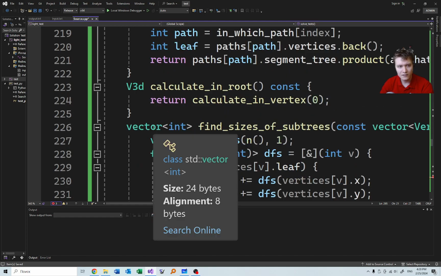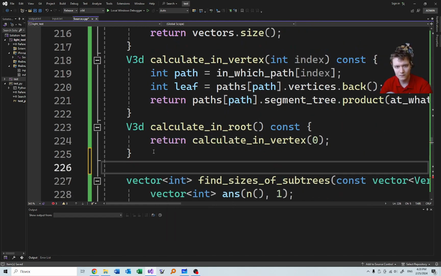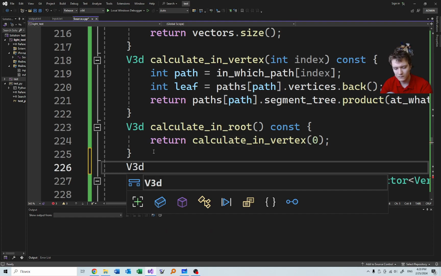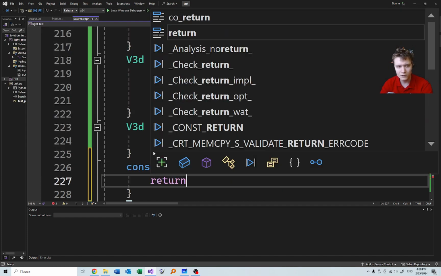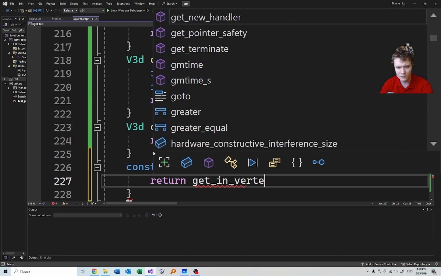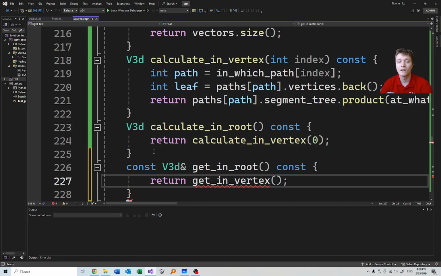Yeah, and to get in root, I need to return get in vertex 0.